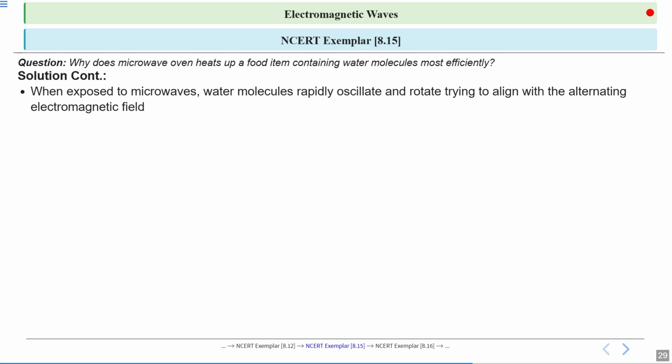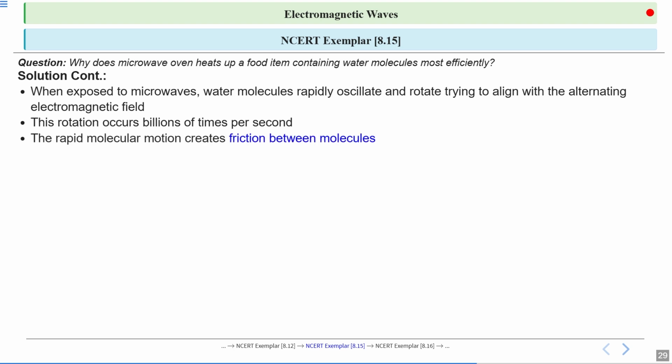This rotation occurs billions of times per second. So water molecules start oscillating and rotating, and that change in orientation occurs billions of times per second. The rapid molecular motion creates friction between the molecules. Their rapid rotation and oscillation make them rub against each other.